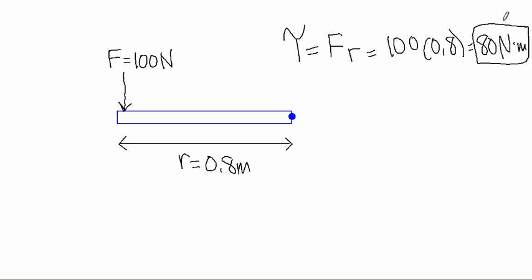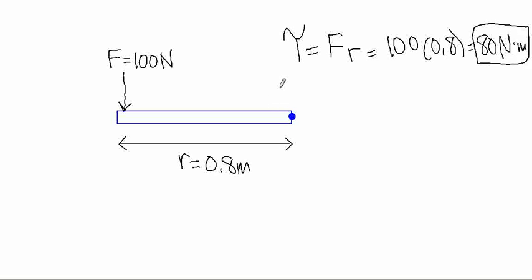Now, notice something interesting about the formula that I used to calculate the torque. If you applied the same force closer to the axis of rotation, then the R value would be smaller.